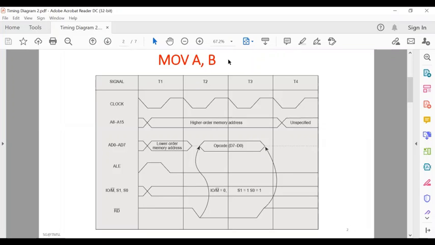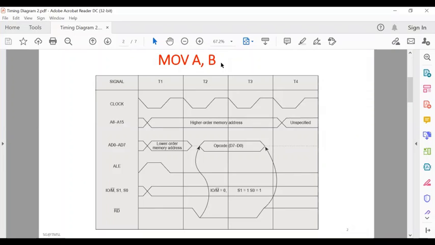Okay, one thing you have to remember, you don't need to remember the hex code or machine code for every instruction. It is not in your syllabus. You just understand what is the function of that instruction. It is not mandatory.